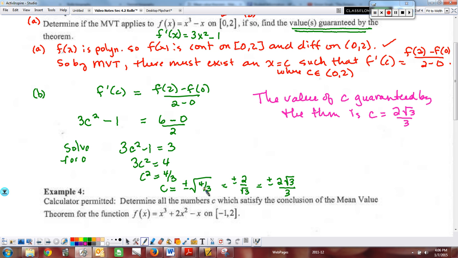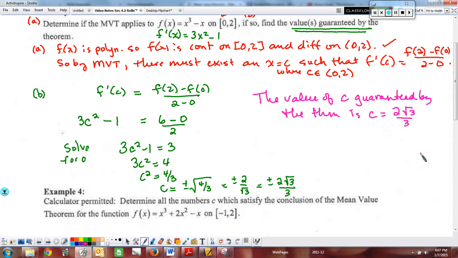And you can check that the square root of 4/3, or 2 square root of 3 over 3, is in the interval 0 to 2. Because you're guaranteed to have one, and that's the only one that could possibly be in the interval. The negative one clearly is not.